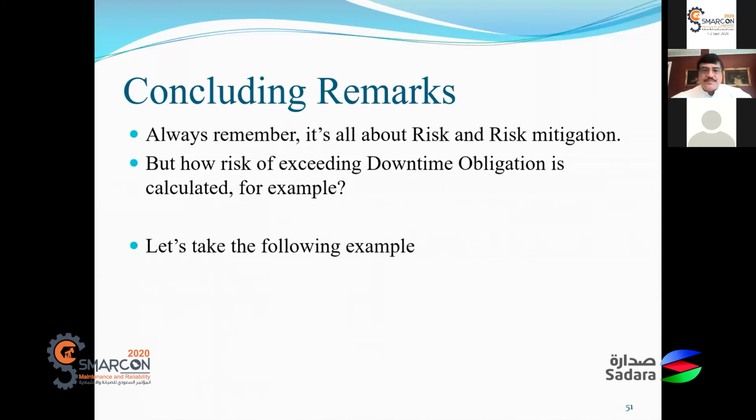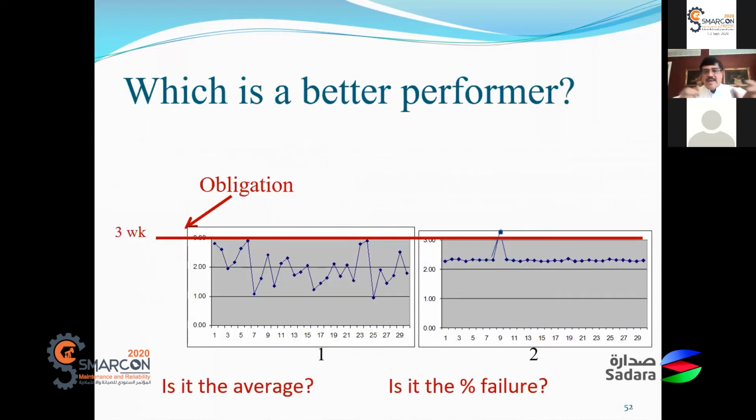It's always important to remember that it's all about risk mitigation. So how the risk of exceeding the downtime obligation is calculated. Let's take the following example, and I'd like to wrap up with it. Let's say you're obligated to repair a pump or something in 3 weeks.